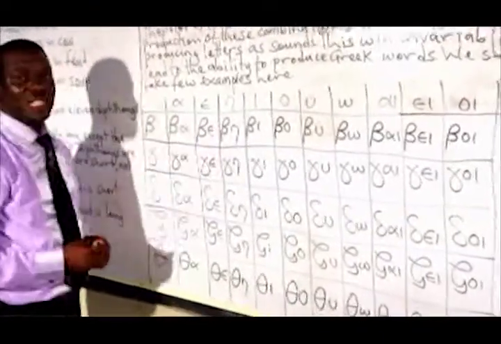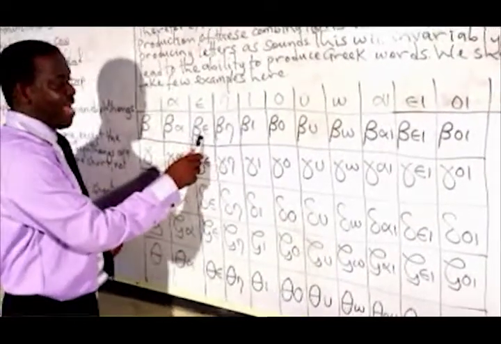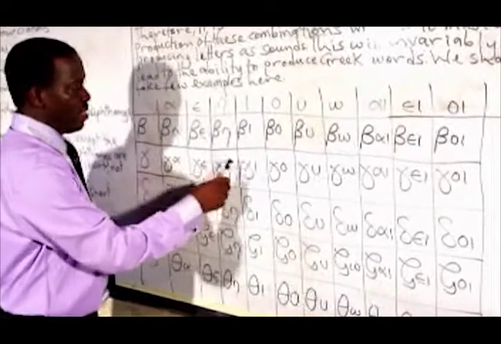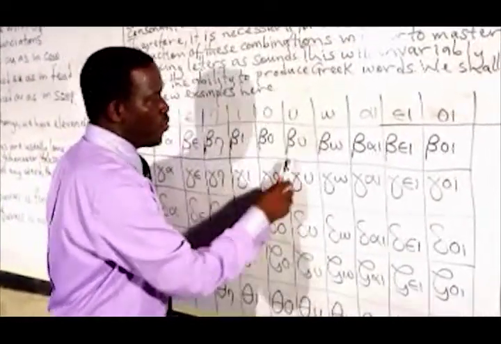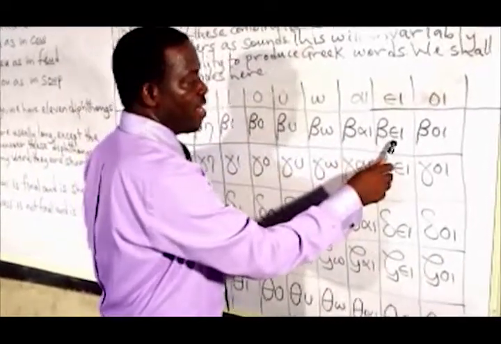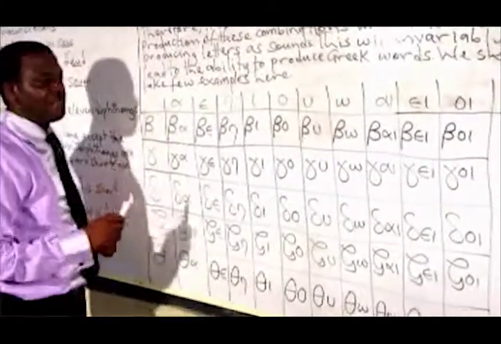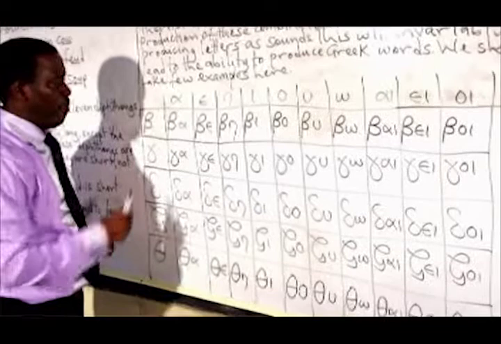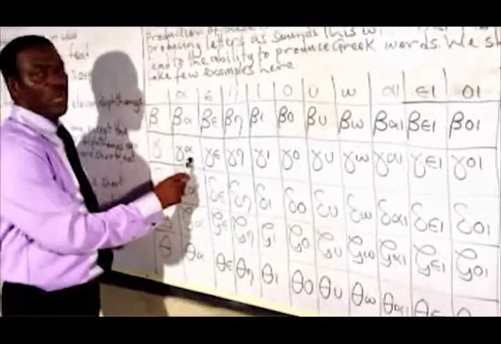We take beta first. Here we have ba, be, be, be, bo, boo, bo, by, be, boy. This should be practiced very well for mastering before going to the second one.